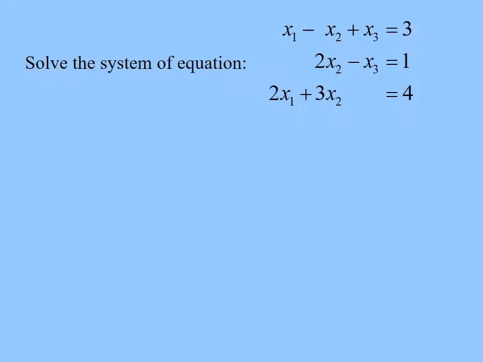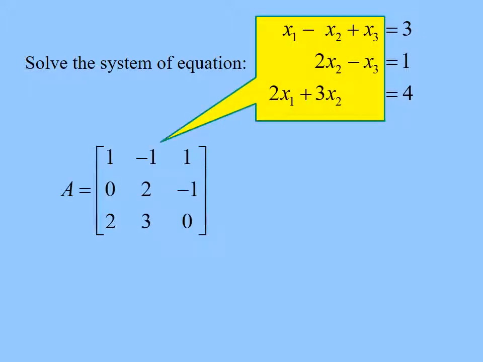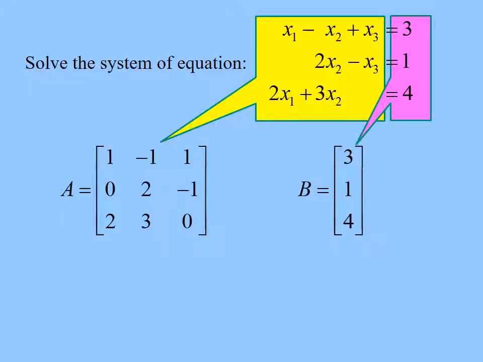Now let me show you how we could use that to solve this system of equations. We could take the left-hand side and write it as a matrix. Notice that's a 3 by 3 matrix. We could take the right-hand side and write it as a matrix. Notice it's a 3 by 1 matrix. And we could simply do what we just came up with.